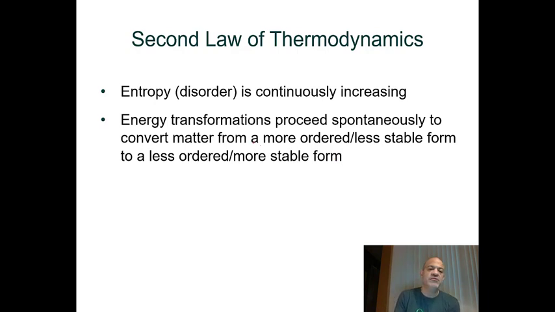So the universe is constantly moving towards disorder. A measure of disorder is called entropy. We're going to call that S. We've used S as standard deviation in statistics, but here we're going to call S entropy. So the second law of thermodynamics says that the universe is constantly moving towards increasing disorder.